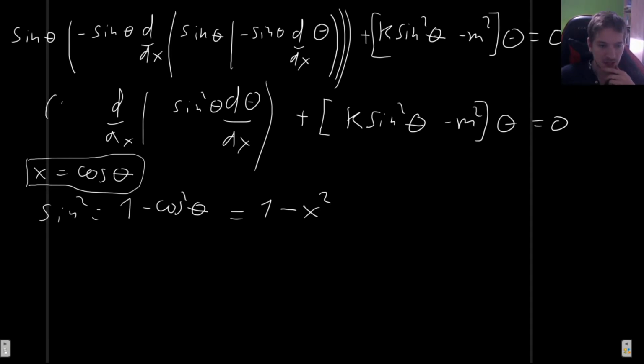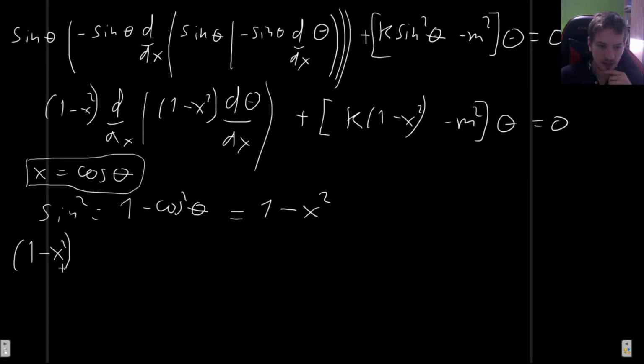So sine squared is 1 minus x squared, sine squared here as well, 1 minus x squared, and here k sine squared is also going to be 1 minus x squared. So now everything depends on x. Let's just take this derivative here. So we got 1 minus x squared.